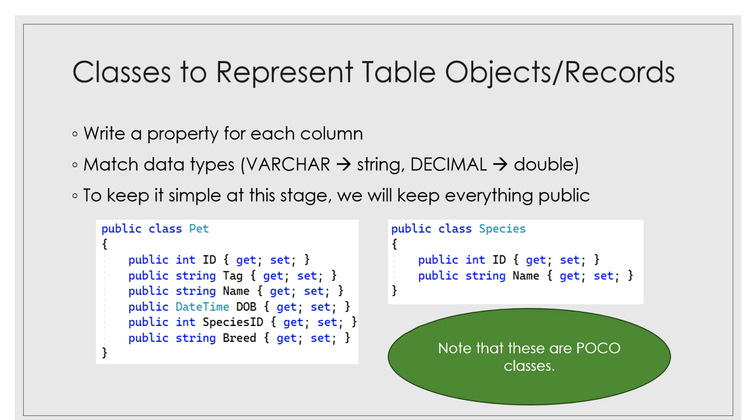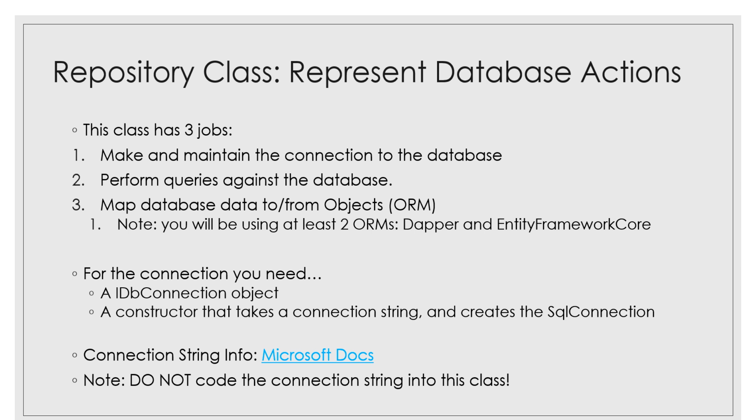We put that somewhere else so that the POCO object itself can just be a vessel for carrying that simple data from the database to the app and back and forth, right? So you'll see it's a totally different style from the kind of programming you've been doing in your object-oriented course in that aspect.